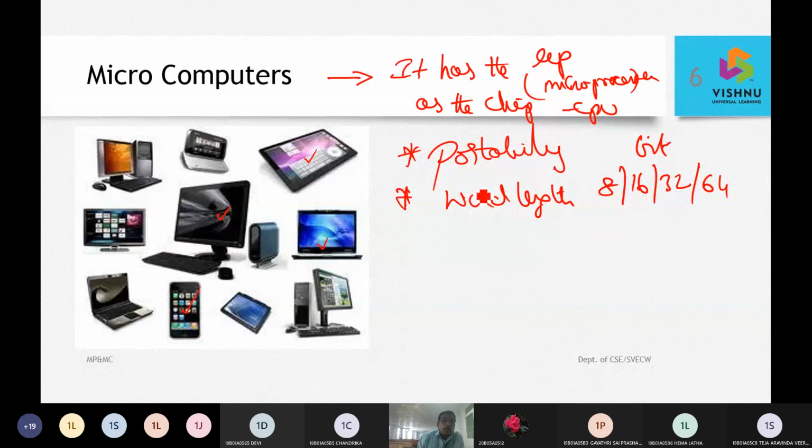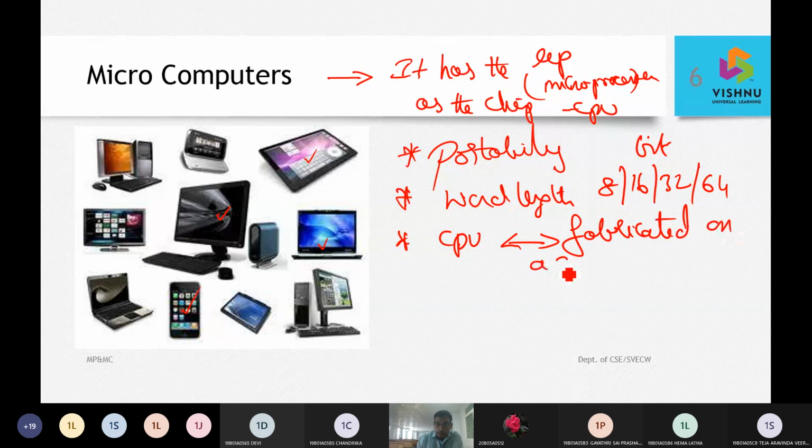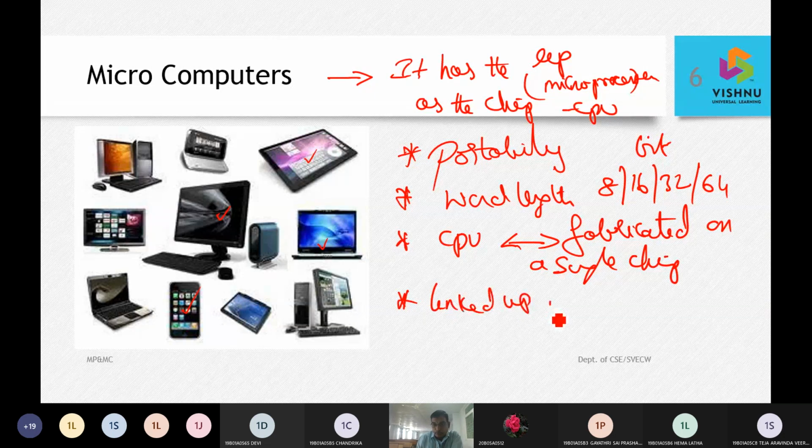Then we have the central processing unit, which is fabricated on a single chip. That is the advantage. And it is linked with the memory, that is, with the random access memory and with the read-only memory.